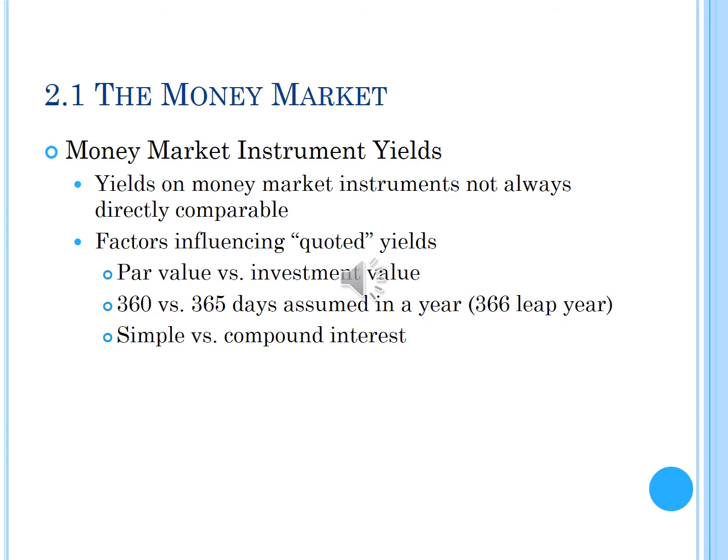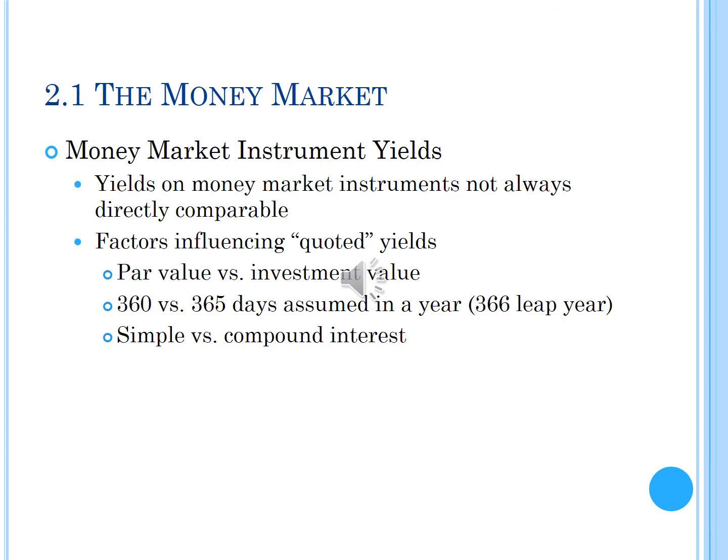Considering the differences in all the money market instruments we just discussed, you can see that for you as an investor, it's not really easy to compare different money market instruments due to various factors, including the par value versus investment value, the year or the calendar year assumption, whether it was 360 days or 365, and 366 in case of a leap year, and also due to the differences between simple versus compound interest.